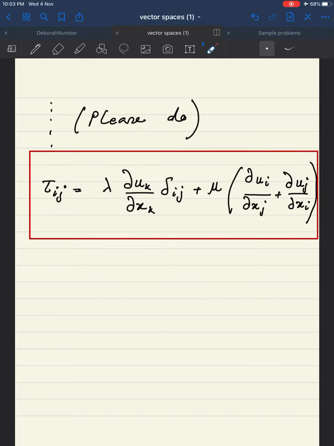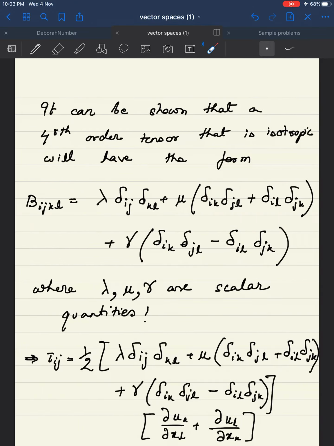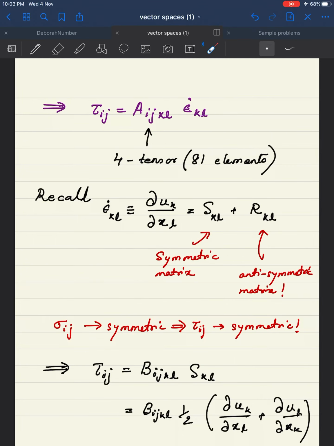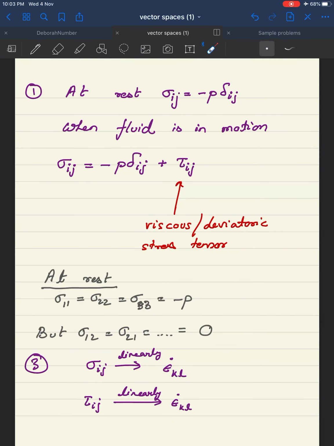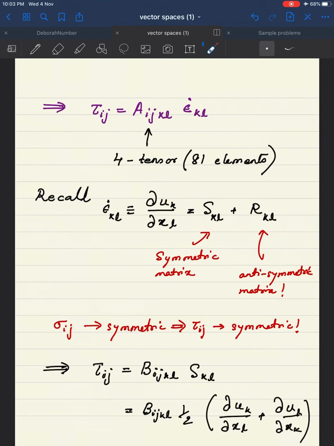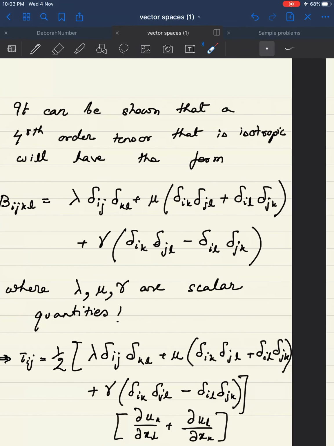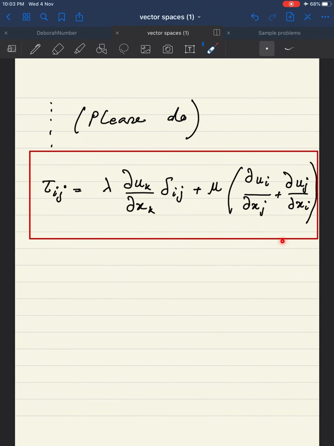So now, if you want to substitute, our original stress tensor was sigma ij. Remember, sigma ij is minus p del ij plus this viscous stress tensor part, and what we were dealing with is the viscous stress tensor part for the time being. So this viscous stress tensor is this particular quantity where lambda and mu are some scalar quantities.